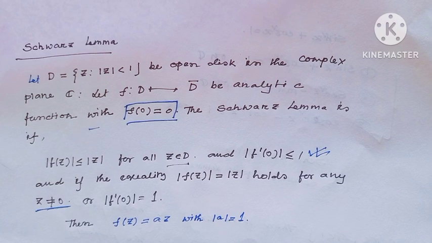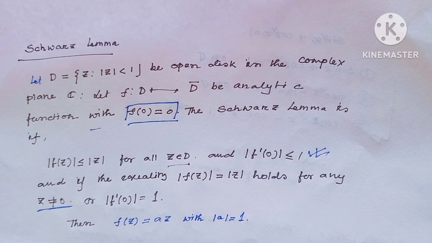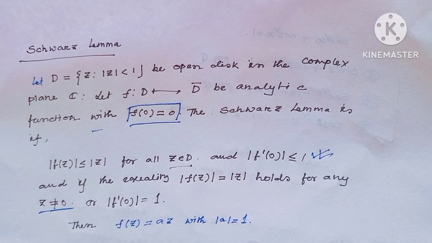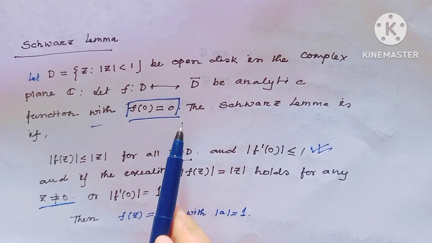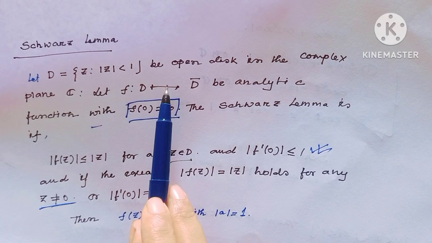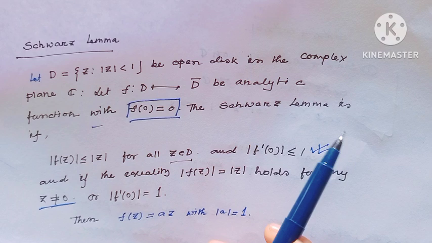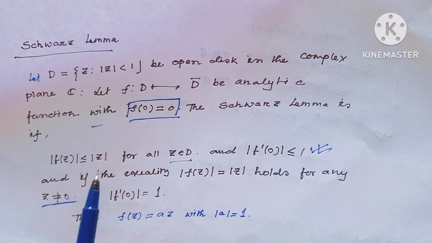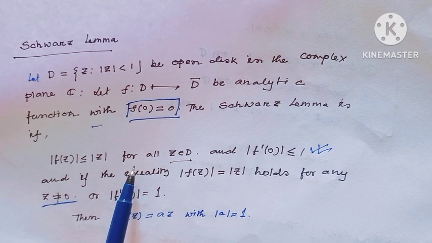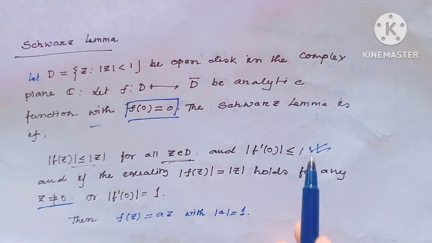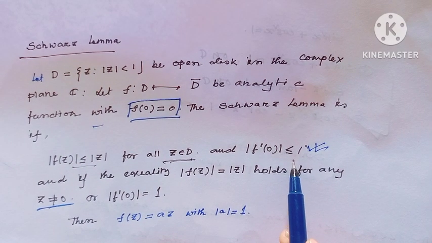Just recall the statement. Let D be the unit disk in the complex plane and f be a mapping from D to D closure which is an analytic function with the condition f of 0 equal to 0. If these two conditions hold, then by Schwarz Lemma we can tell modulus of f(z) is less than or equal to modulus of z, and modulus of f prime 0 is less than or equal to 1.